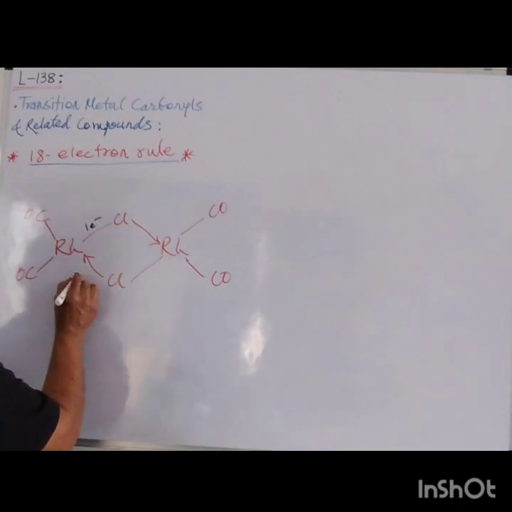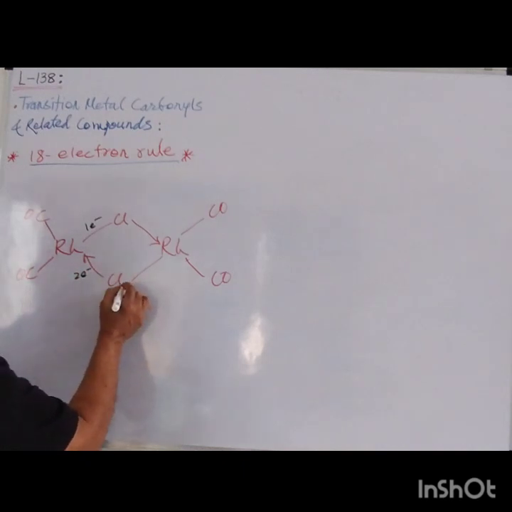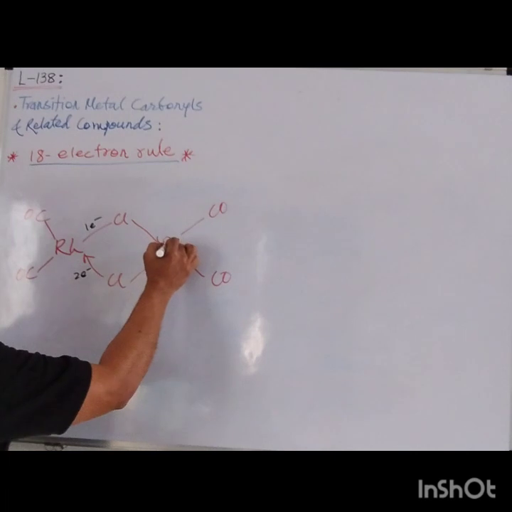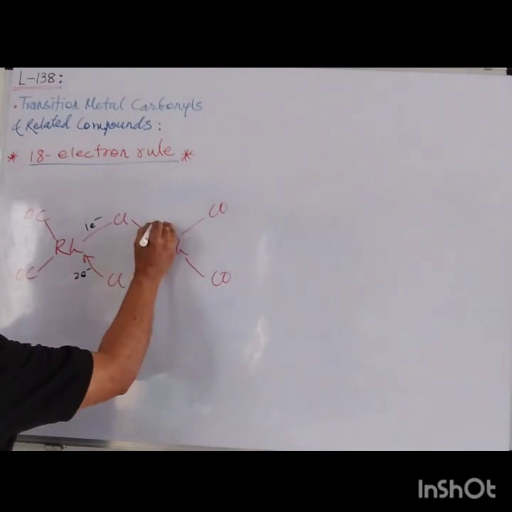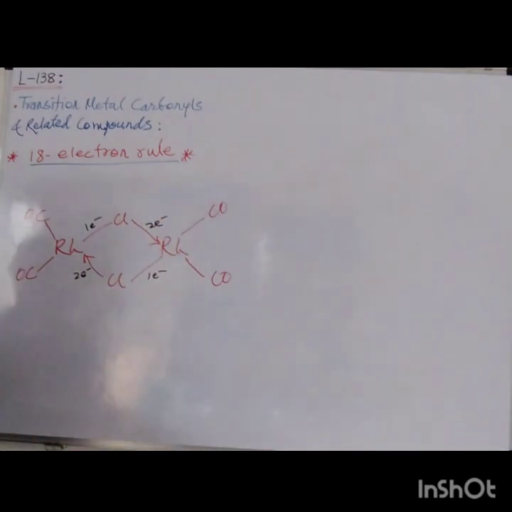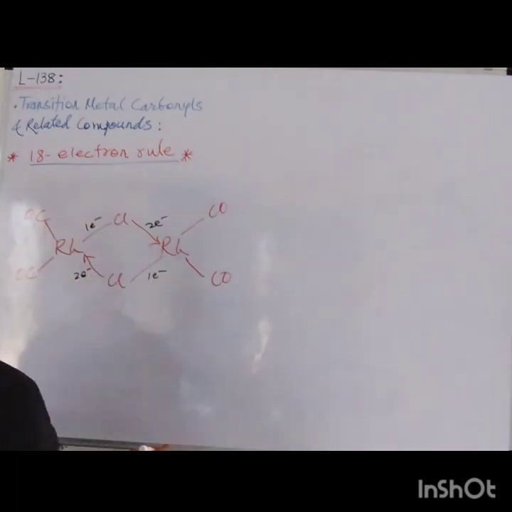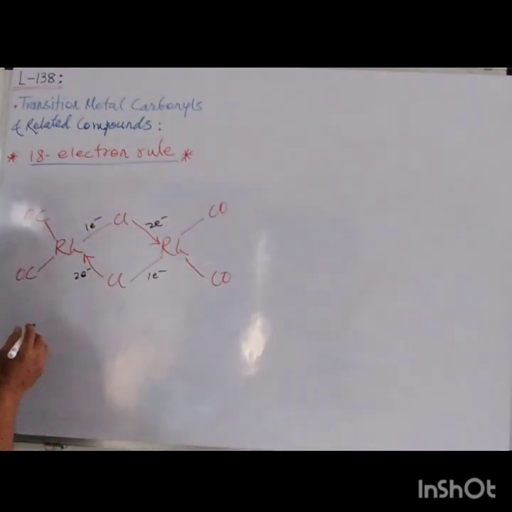This Cl contributes 2 electrons. So here this Cl contributes 1 electron, this Cl contributes 2 electrons, and each of these COs will contribute 2 electrons. Now we will show the electron count like this.